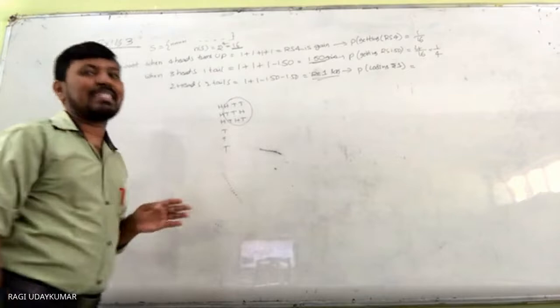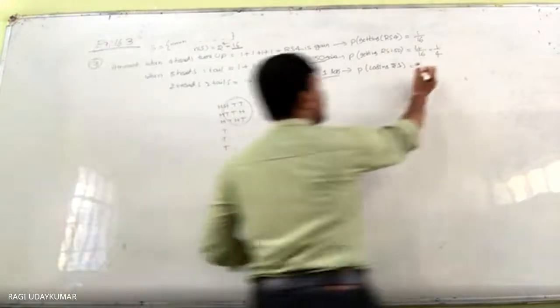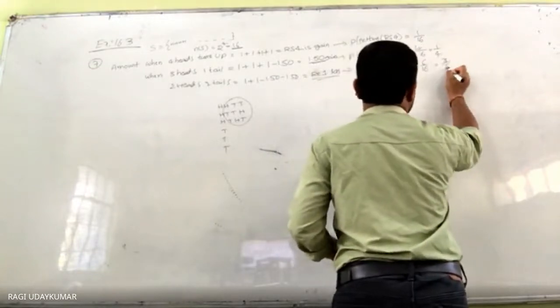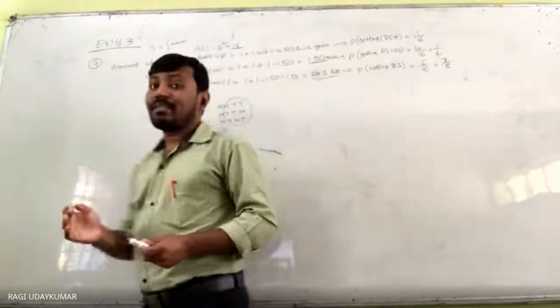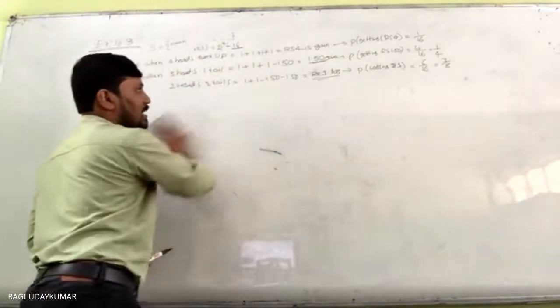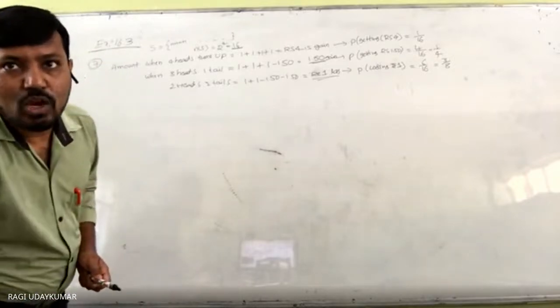Consider 6 times you are going to get it. 6 out of the 16. So this is 6 out of 16, which is nothing but 3 by 8. The probability of losing rupee 1, 1 rupee loss होने का probability 3 by 8 है. Okay, 3 by 8 is losing 1 rupee.